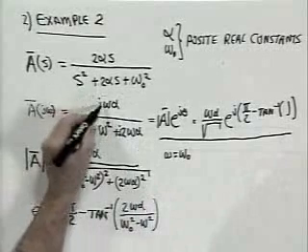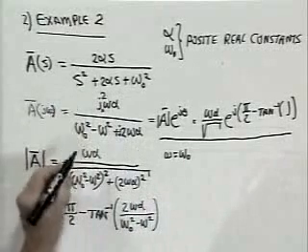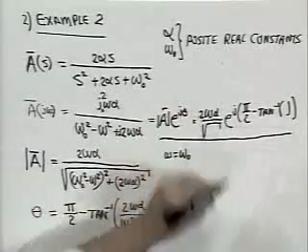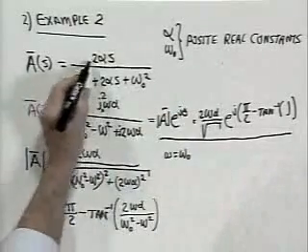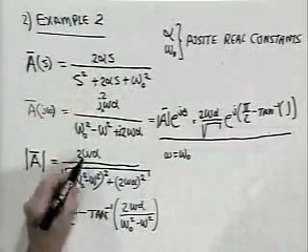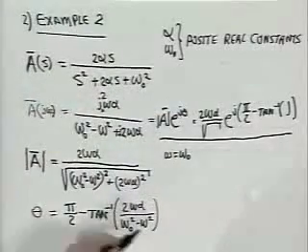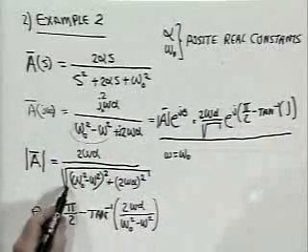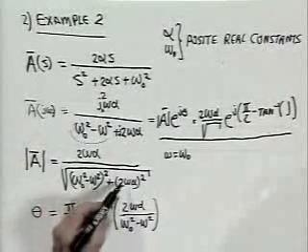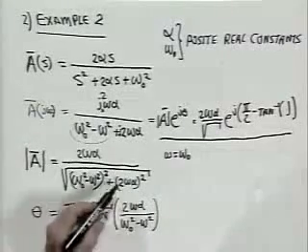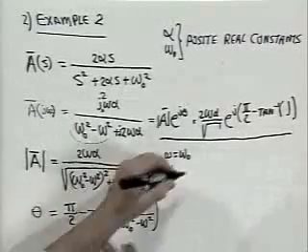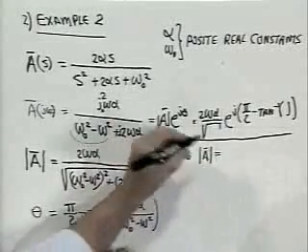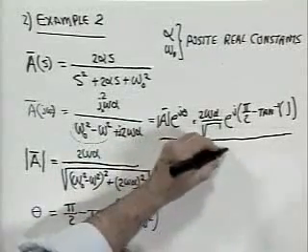I dropped the 2 out up here, I'm sorry. This needs a 2 in it. 2 omega alpha and 2 omega alpha here. The magnitude of j2 omega alpha is 2 omega alpha. At that frequency, this term disappears in the magnitude. I'm left with the square root of the square of 2 omega alpha, which is just 2 omega alpha, cancels the 2 omega alpha upstairs. And for that frequency, magnitude of A is just equal to 1.